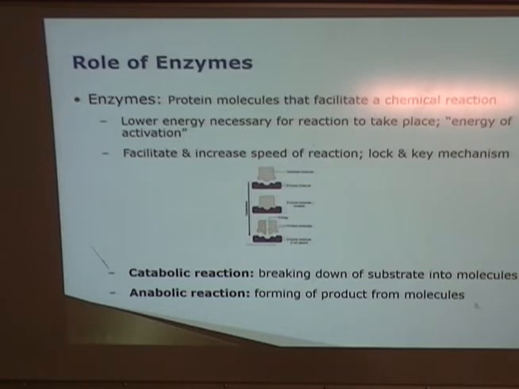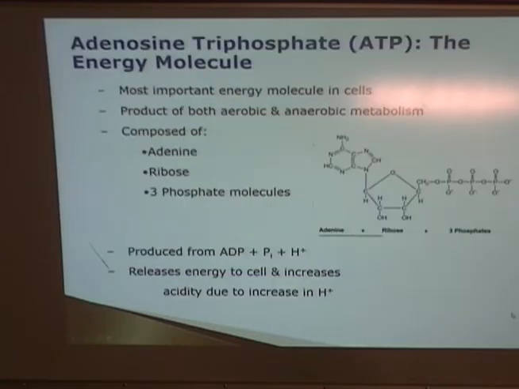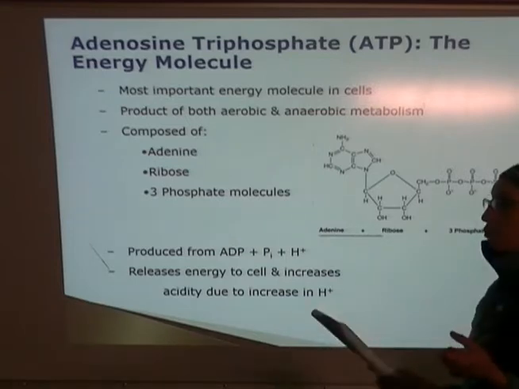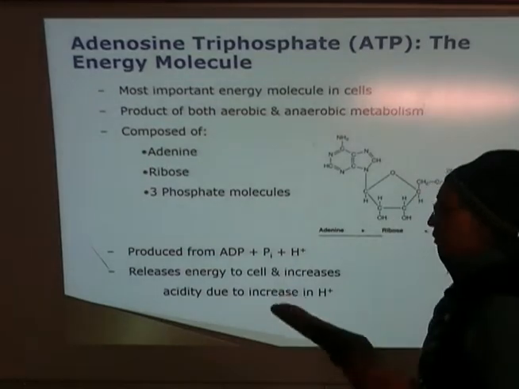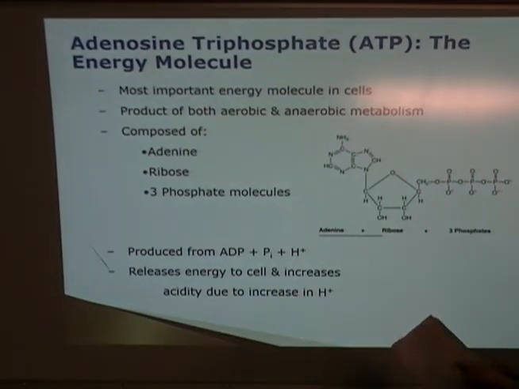All right, so we've been talking about energy, right? What is it precisely that we're talking about when we look at the human body? The energy that we can utilize for muscle contraction is called ATP, adenosine triphosphate.